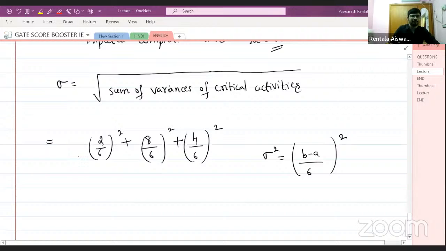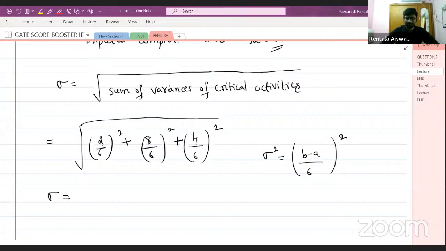So is it okay? Whatever I have written? And please let me know. Okay, very good, Sai Krishna. 1.53. Good. So 1.53. Please do let me know if you're having any doubts in this calculation.